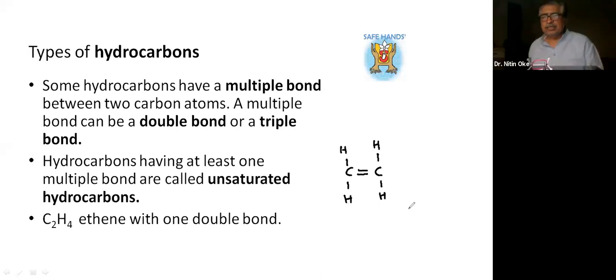If the book is taking more care, then it may indicate it like this. Again, this angle is not 109 now. And this bond length is more than the covalent bond. Sigma bond is weaker than the covalent bond.